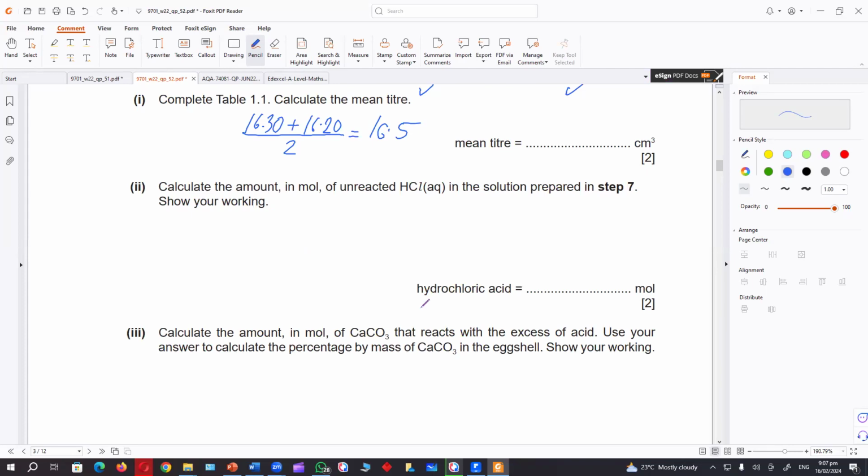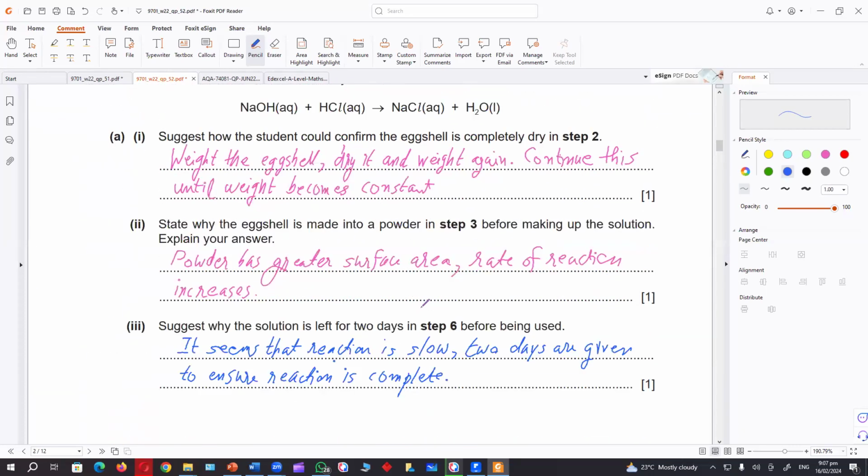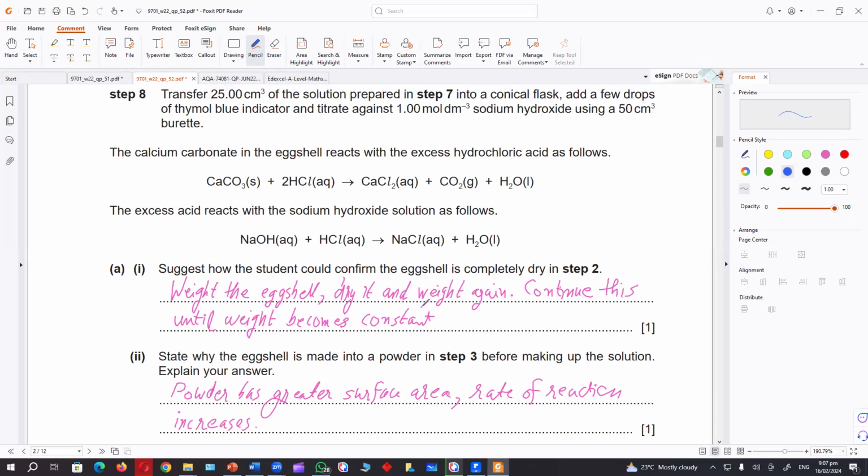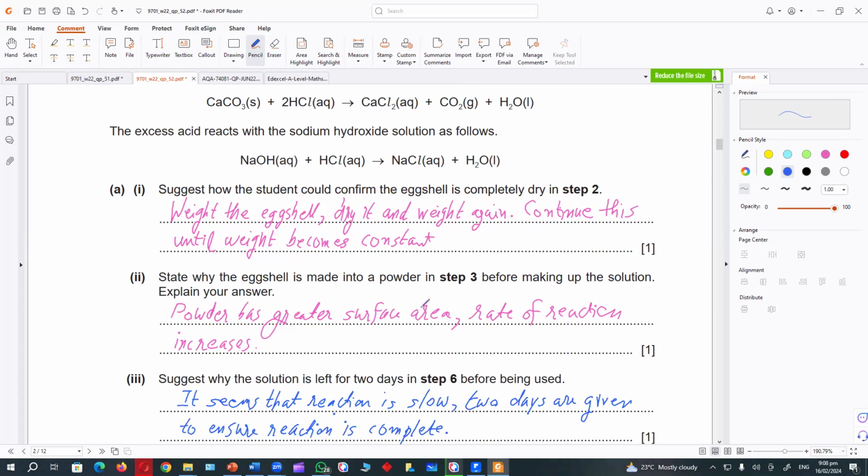Calculate the amount in mol of unreacted HCl in the solution prepared in step 7. Show your working. The amount of unreacted HCl is the second part. So the reaction is 1:2. Should we find the number of moles of calcium carbonate?